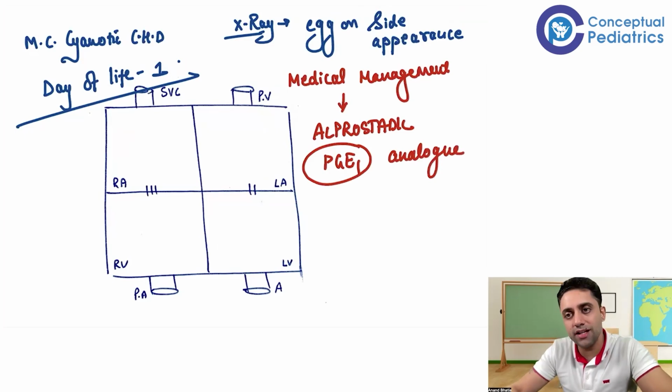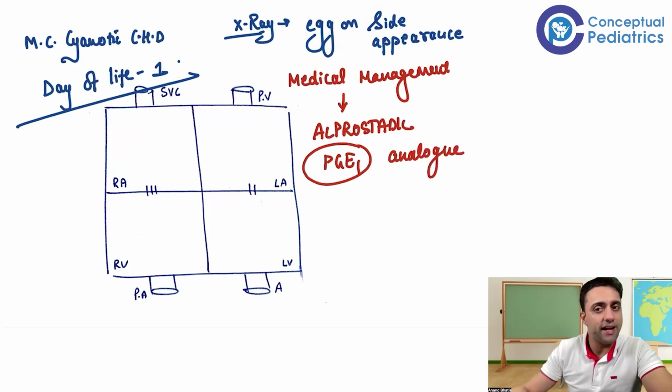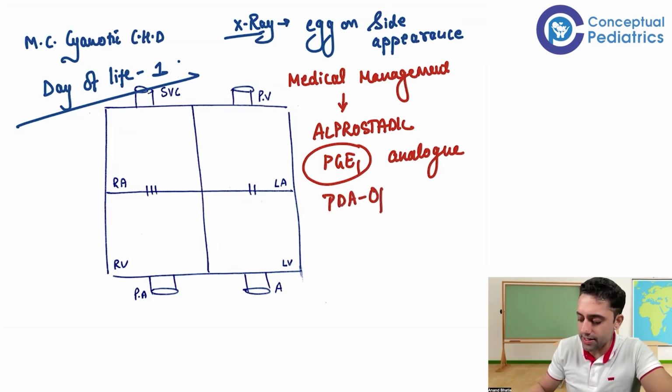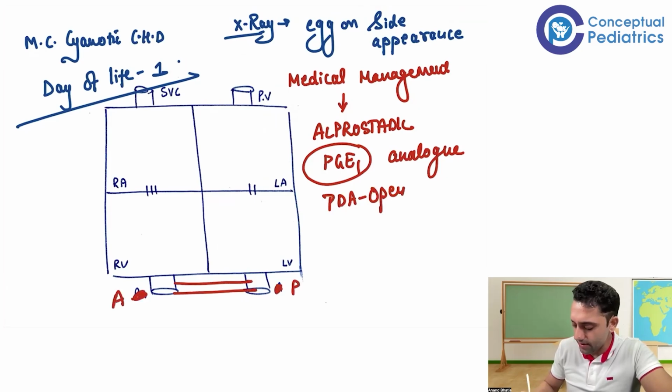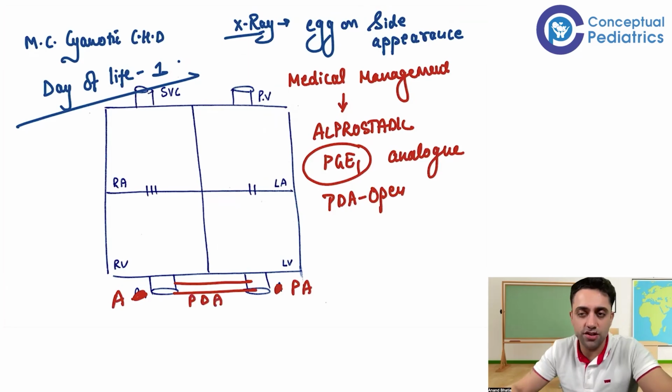We all know that L-prostadil will keep the patent ductus arteriosus open. I want this channel to be open because this side is the aorta and this side is the pulmonary artery. To open that, the drug of choice is L-prostadil, a prostaglandin PGE1 analog.